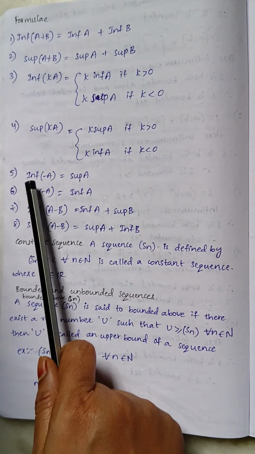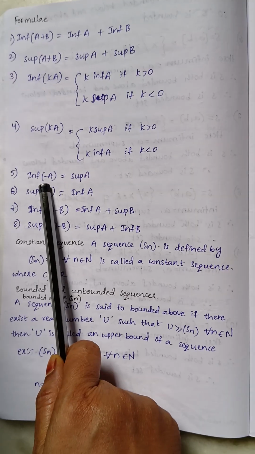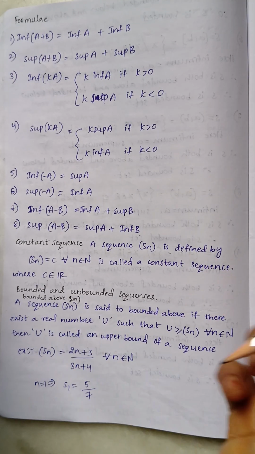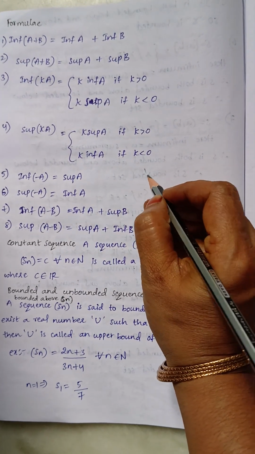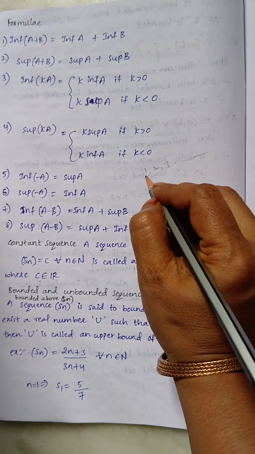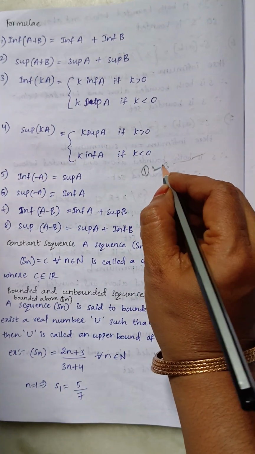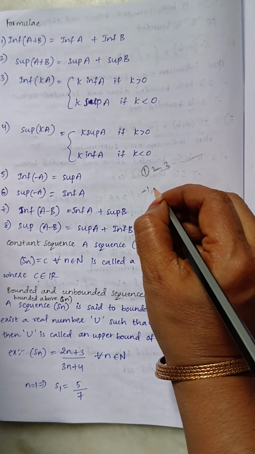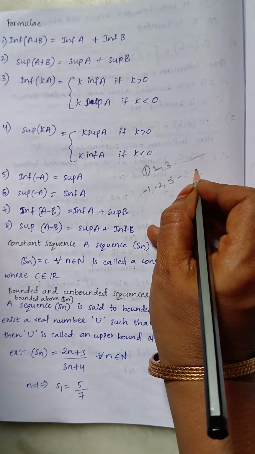Similarly for supremum. So, infimum of minus A is nothing but supremum of A, because when you are taking 1, 2, 3 and so on, here 1 is the infimum. Obviously, we know that 1 is the infimum. When you take minus of these values, what will come?